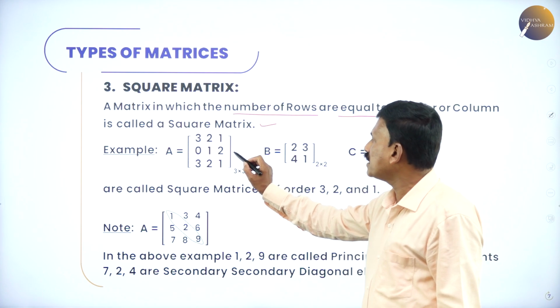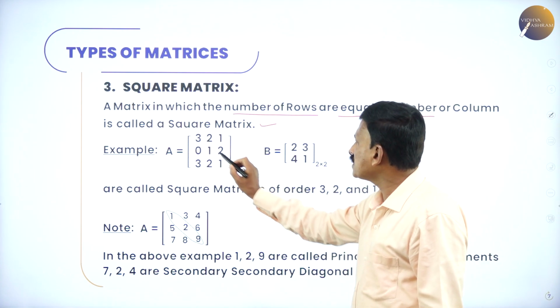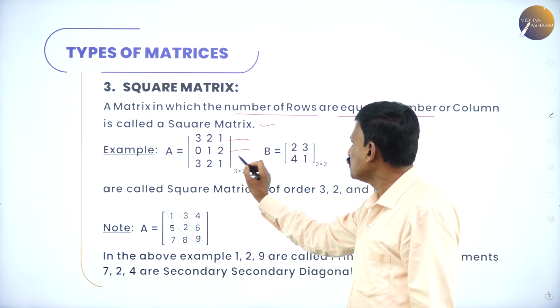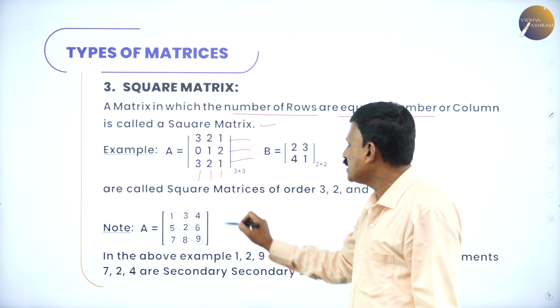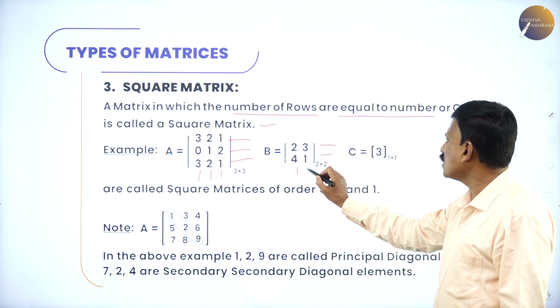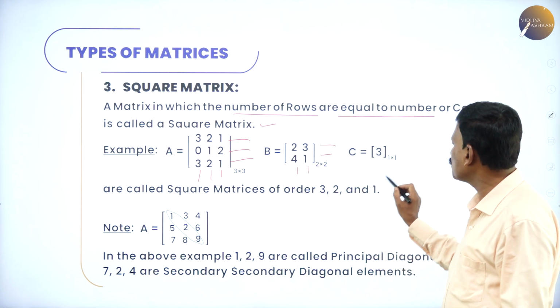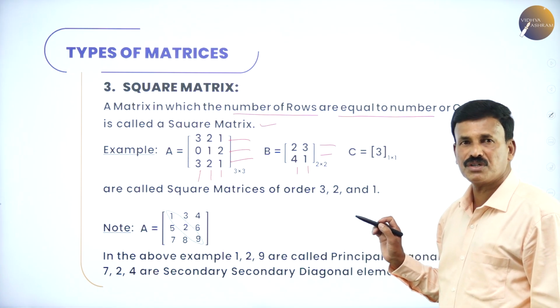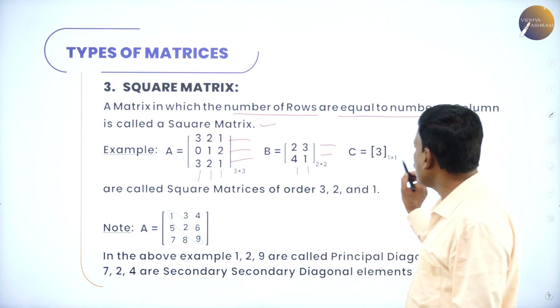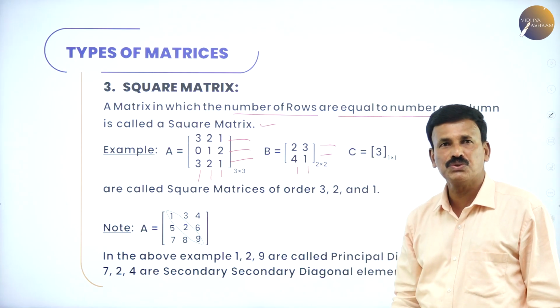So this is a square matrix of order 3 cross 3. This contains 3 rows and 3 columns. This contains 2 rows and 2 columns; it is a square matrix of order 2. This contains only one element; it is a square matrix of order 1 cross 1.